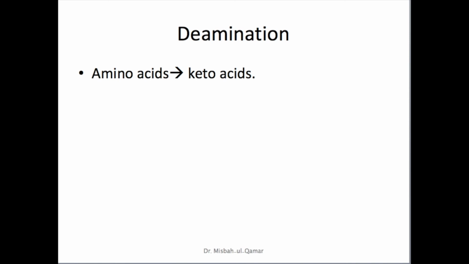Some deamination can occur in other tissues of body like kidney, but mainly it occurs in liver, where branch chain amino acids are primarily metabolized by skeletal muscle. Keep in mind that large amount of ammonia is also formed in the process of deamination.